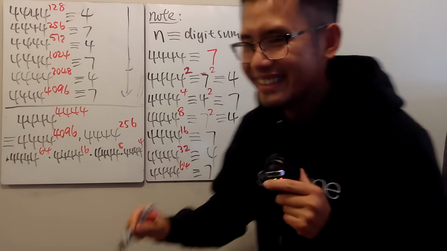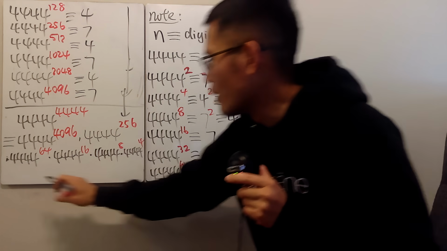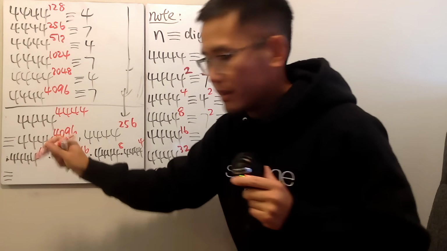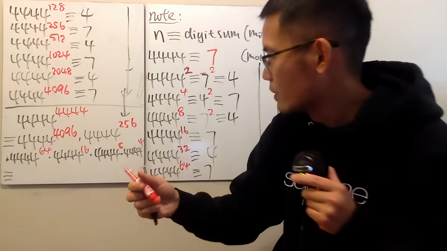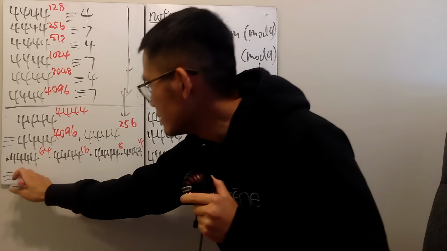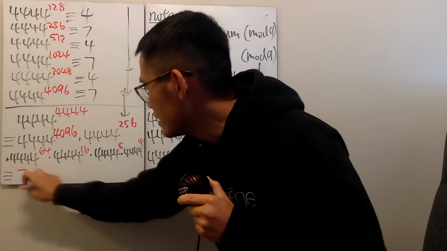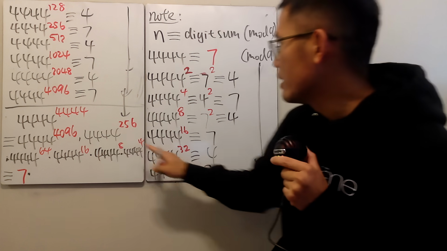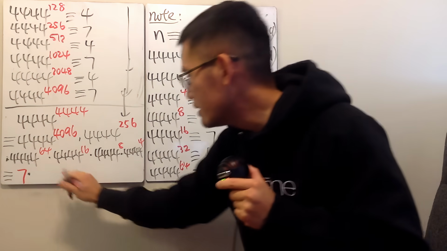So again, we are still in the mod 9 world. Have a look. Just bear along with me. This right here is congruent to 7, so now we can just multiply 7 times. This is congruent to another 7, and this is congruent to another 7.